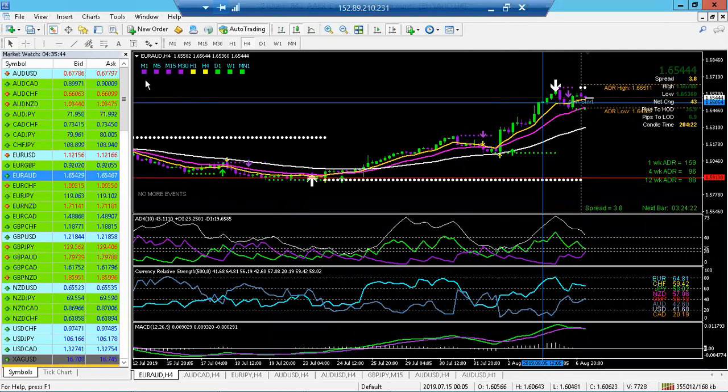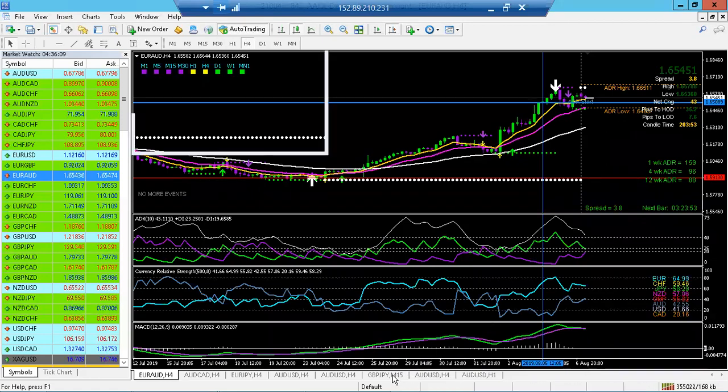Not that I can say I did that, but here's what you would do. You see how we broke this higher high, and fractals come in really good here. So we're making higher highs. This one's a little tricky because it's a doji and it would definitely throw you off. But if you drop down, Euro was definitely still stronger, AUD was definitely still weaker, and we definitely had momentum and a lot of power on our MACD.